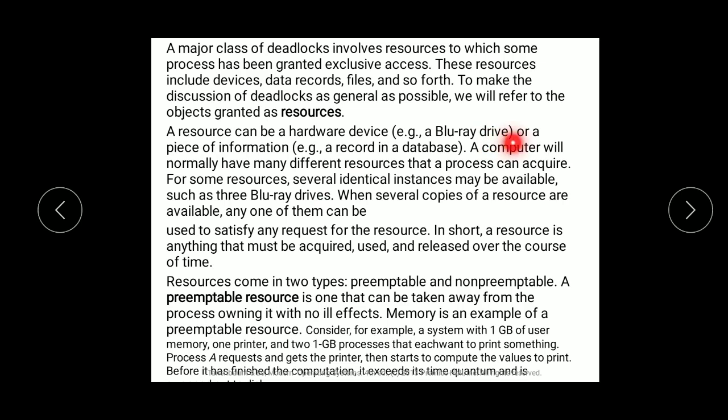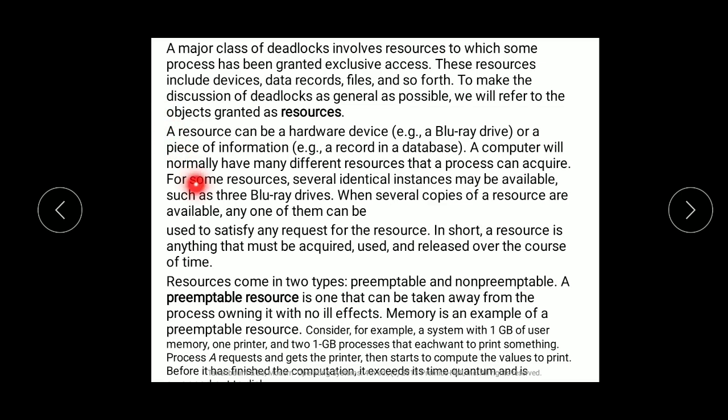A computer normally has many different resources that a process can acquire. For some resources, several identical instances may be available, such as three Blu-ray drives. When several copies of resources are available, any one of them can be used to satisfy any request for the resource. In short, a resource is anything that must be acquired, used, and released over the course of time.